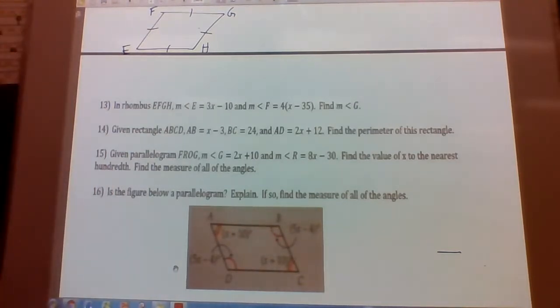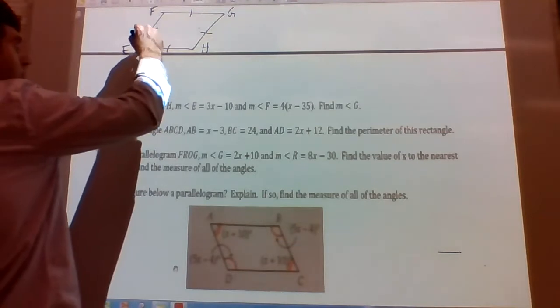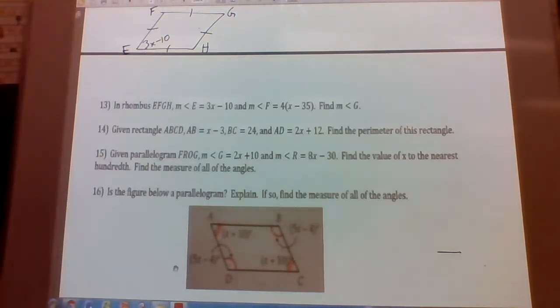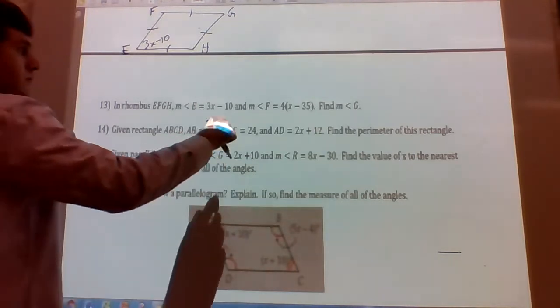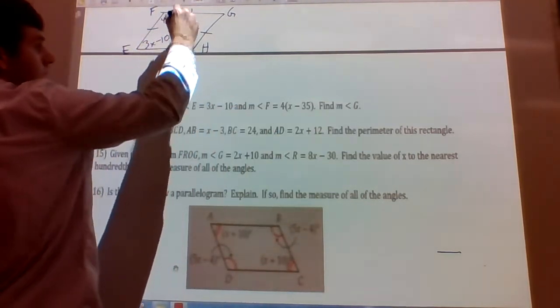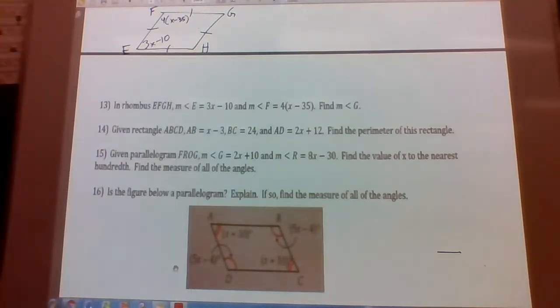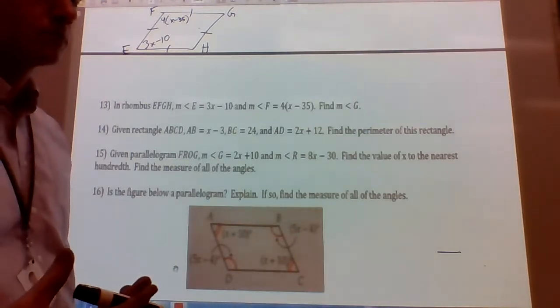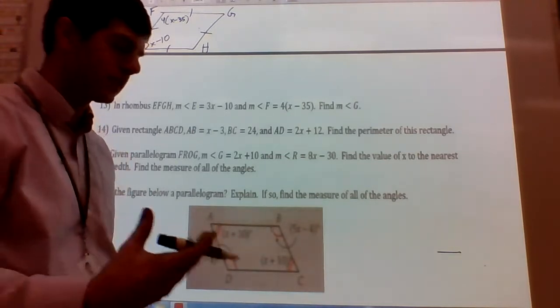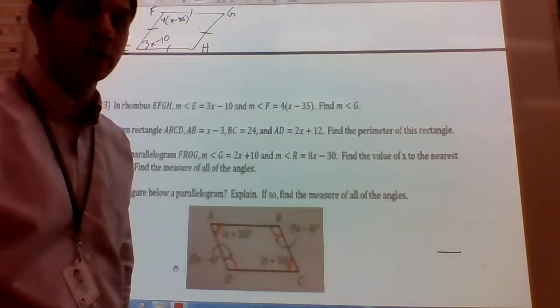Okay. So in this rhombus, it's saying angle E is 3x minus 10. And it's saying F is 4 times the quantity x minus 35. Find the measure of angle G. Well, a rhombus is a parallelogram, and properties of parallelograms tell us that consecutive angles are supplementary.